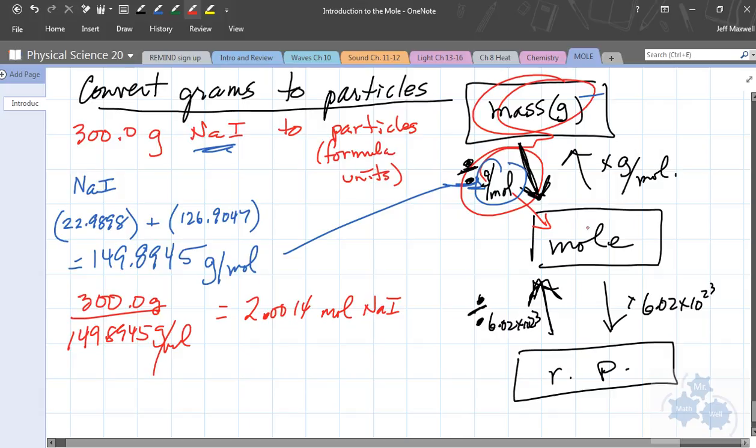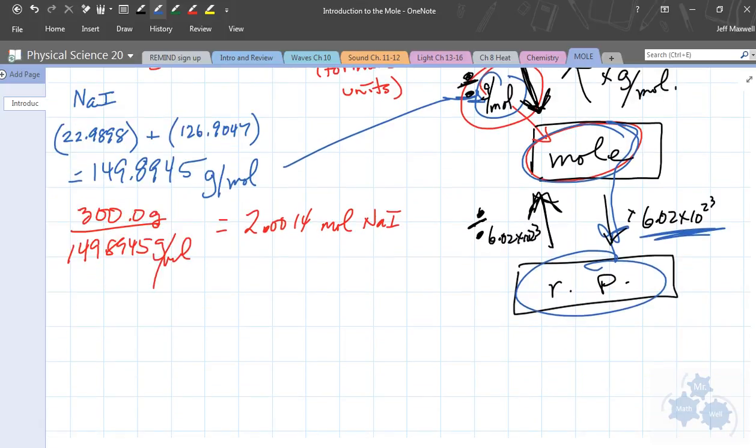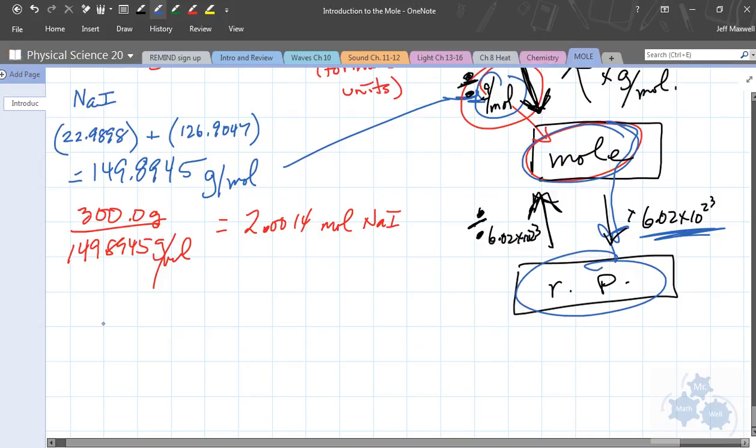So we've got moles. Are we done? No, we've got to do the second step now, and that is converting from moles going down to representative particles. So I simply take that number, use all the decimals on your calculator, and multiply by 6.02 times 10 to the 23. And so I get 1.2048 times 10 to the 24.